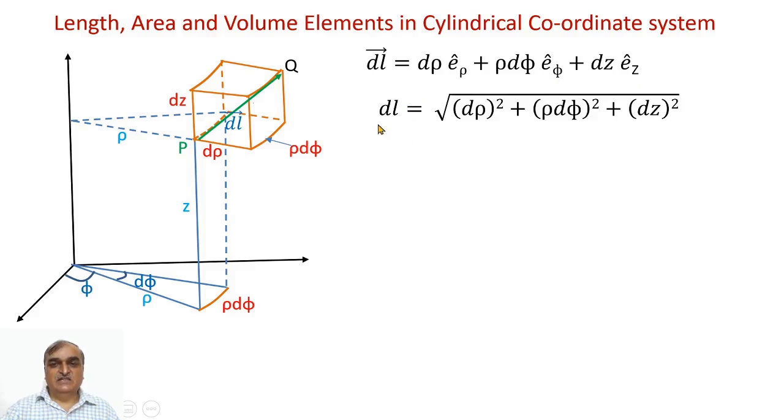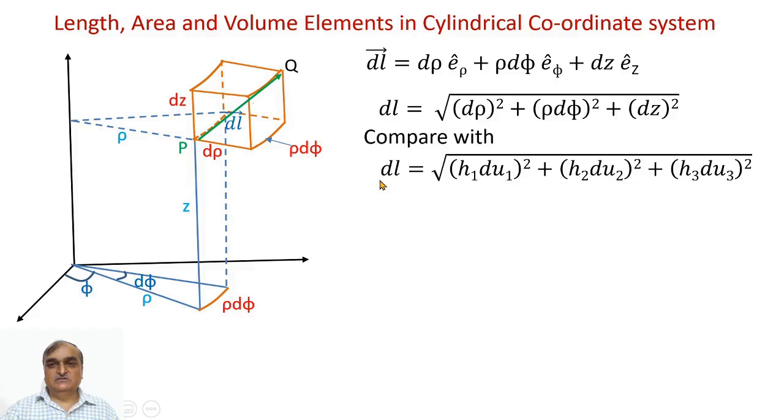Then the magnitude, this length element, is equal to square root of d rho square, plus rho d phi square, plus dz square. So this is the length element in cylindrical coordinate system.